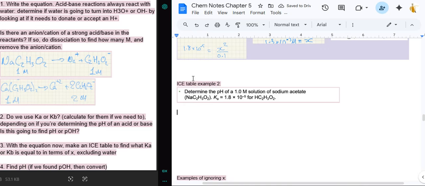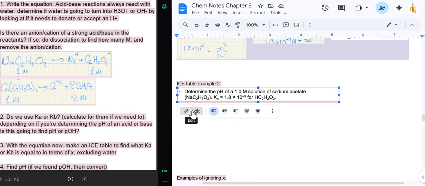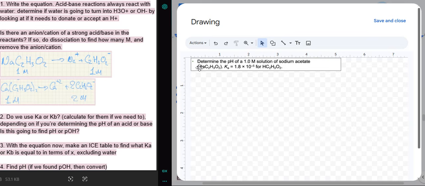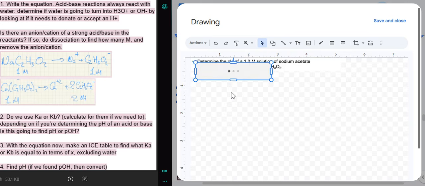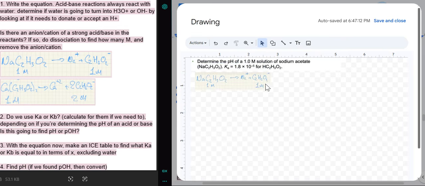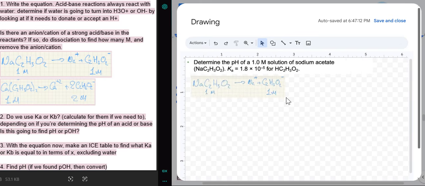So we do dissociation of this. And we do it basically like this. So we had 1 mole of sodium acetate, and we dissociate into Na plus and C2H3O2 minus.